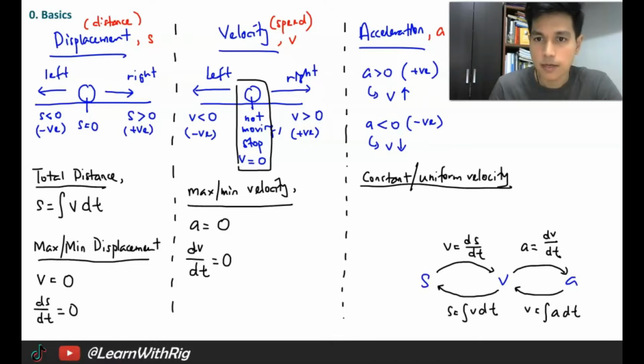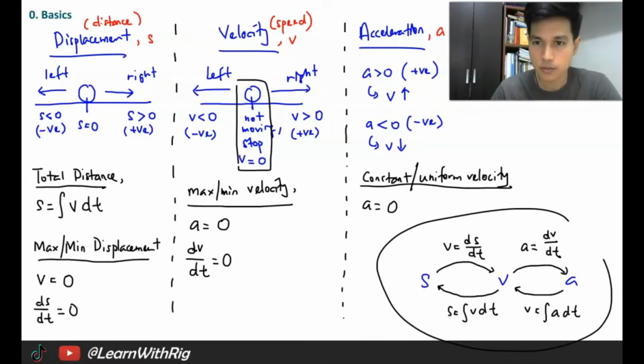Constant means there is no change, right? I told you that if the speed is increasing, there is acceleration. If the speed is decreasing, it's deceleration. But if it's constant velocity, no change. If there is no change, acceleration equals 0. Please bear this in mind. So that's more or less what you need to know for this chapter. These are the three parts, and also how you relate from one to another.